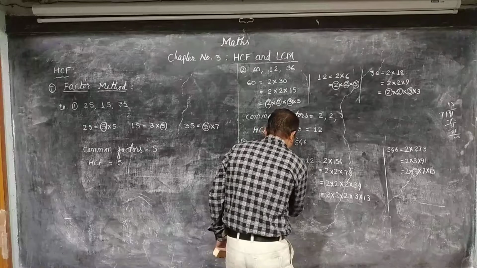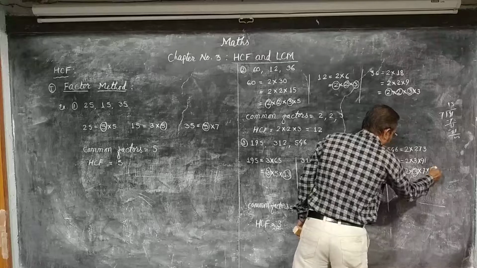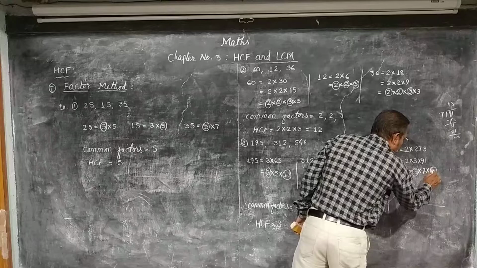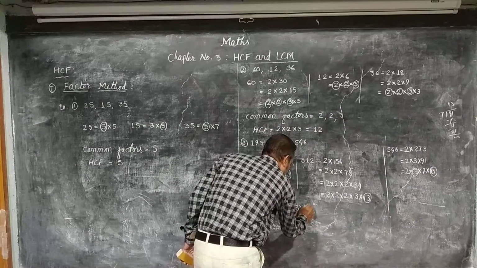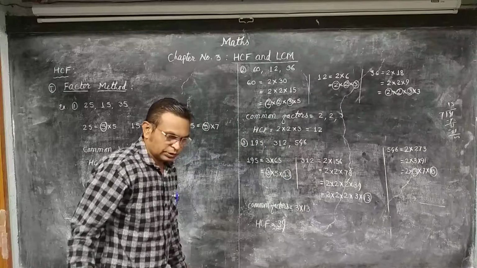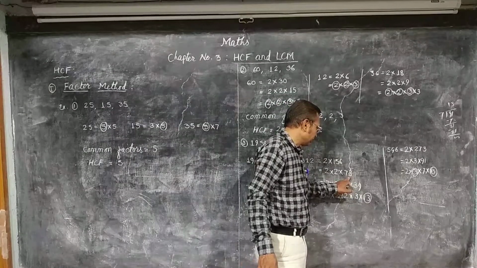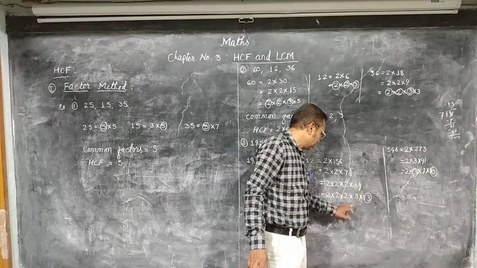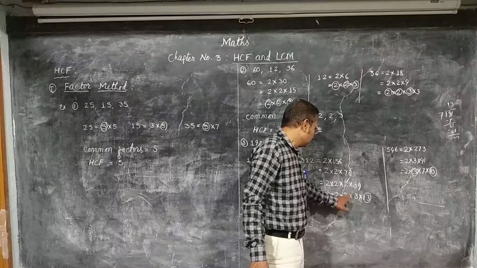Therefore, again we will get another 13. 3 into 13, 39. HCF is 39. It is a mistake because 2 3s are 6, carry 1, 18, 2 9s are 18. After that, here is 39, 1 plus 3.